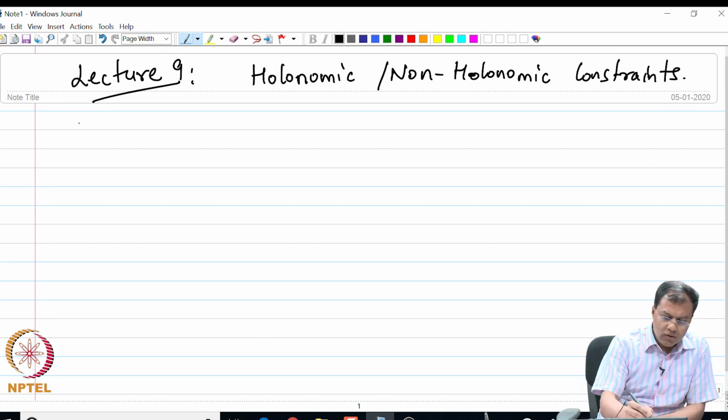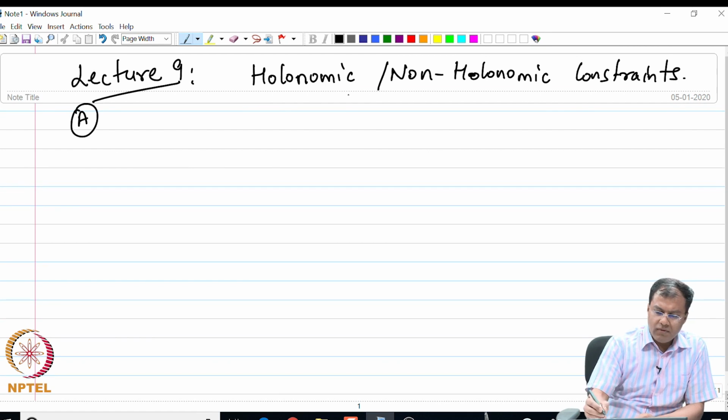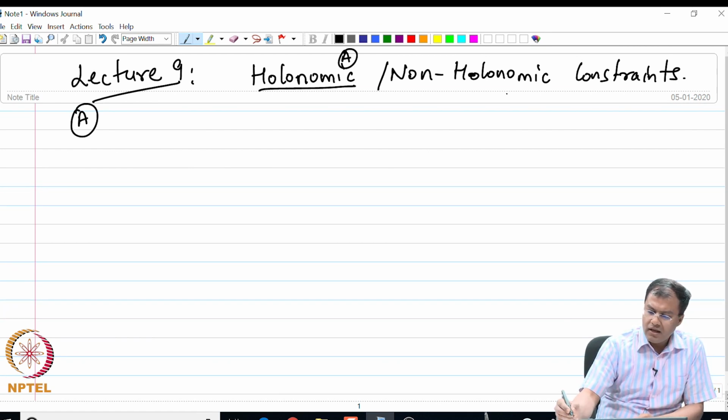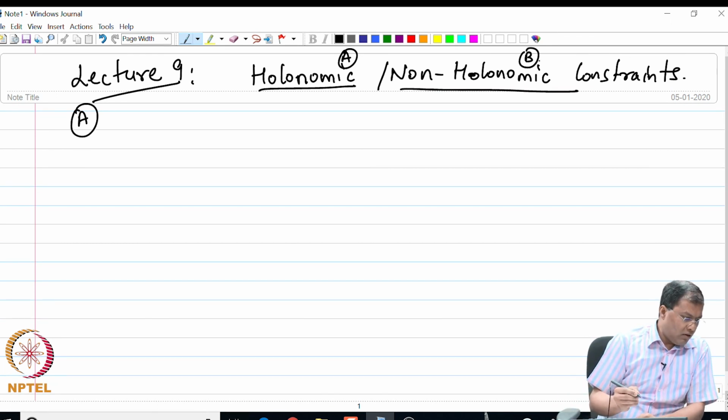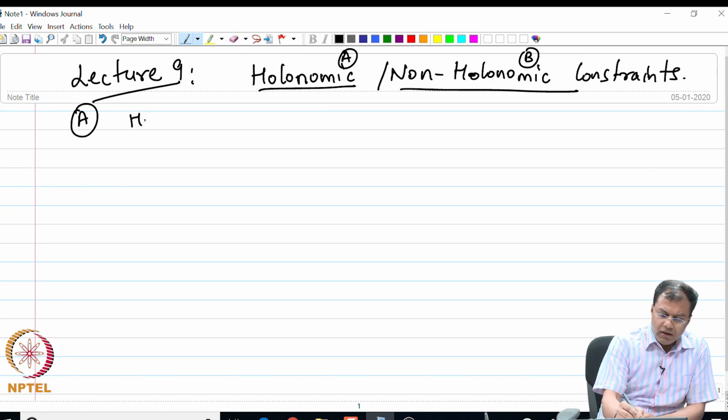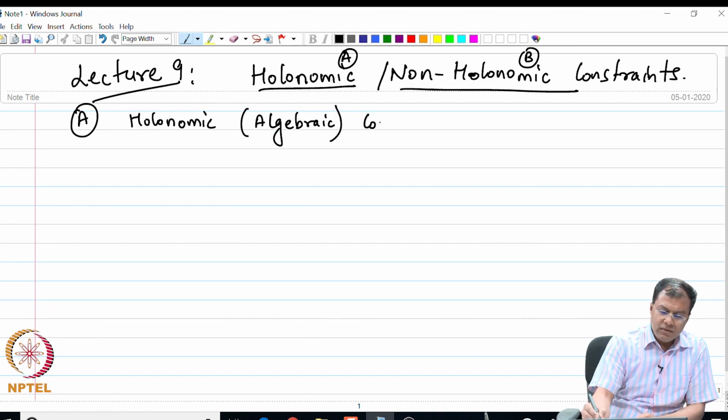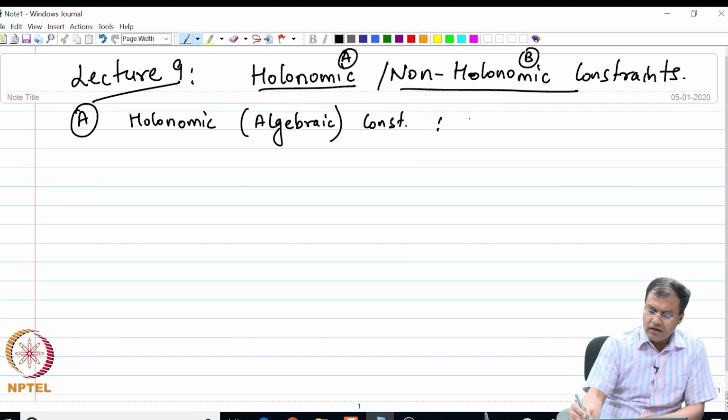So, let us quickly look at this. Let me call this constraint category A and this constraint category B. In the case of holonomic, as I just said, these are algebraic constraints. I see that the constraints will be of the form g of t comma q bar equal to 0.